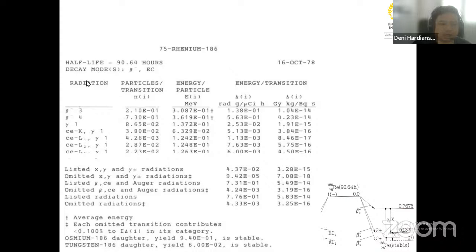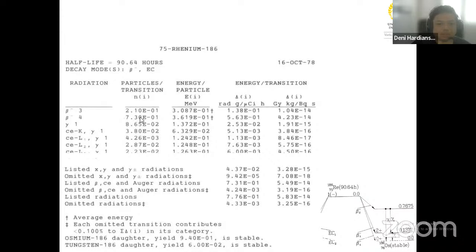And then in this column, you can see we have different types of radiation mode of decay. For example, beta negative type 3, beta negative type 4, gamma, and also the electron capture, K, L, etc., for different electron shells. And then this is the particle per transition number.